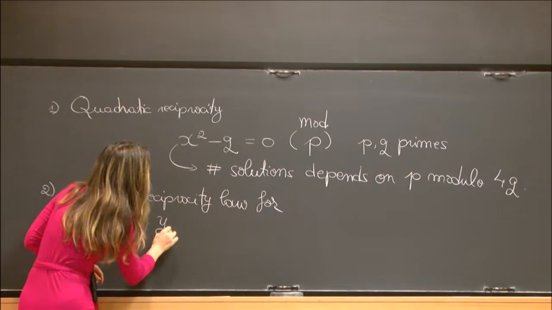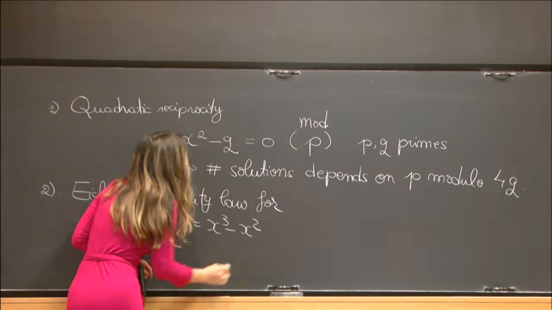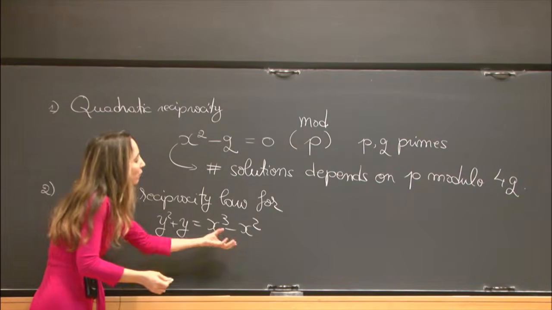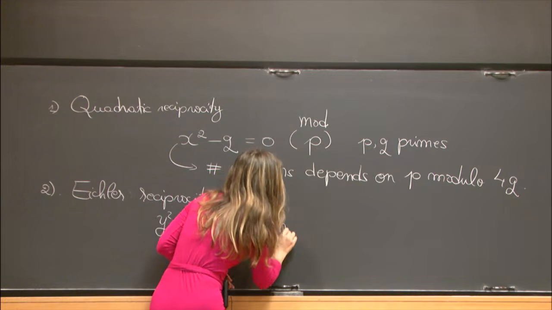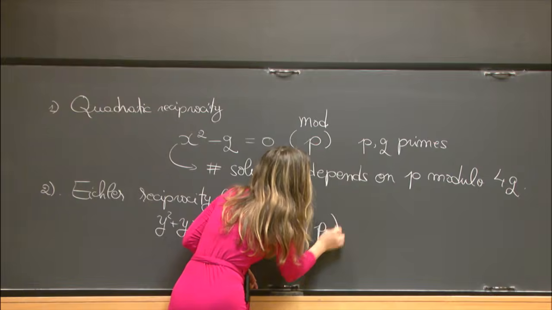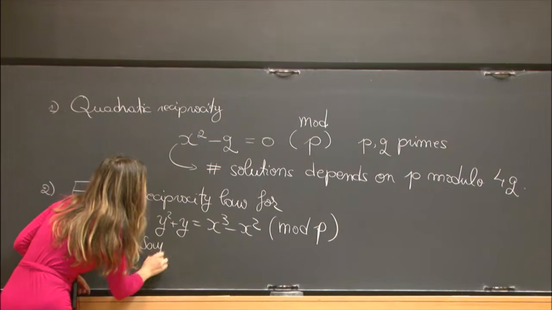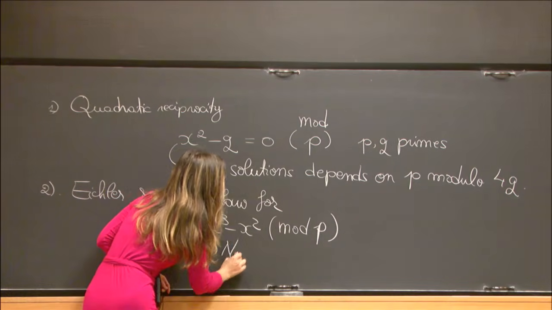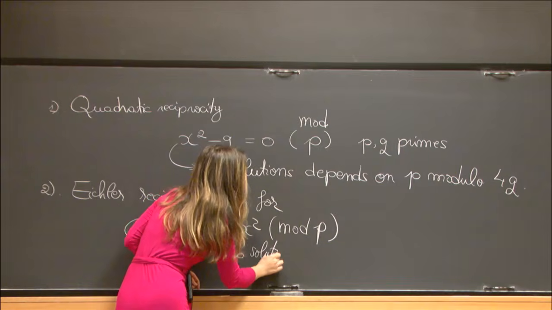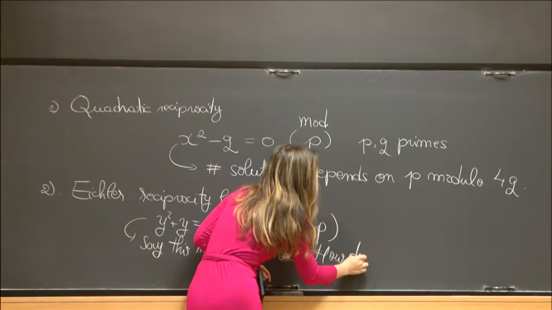So the cubic equation would be y squared plus y equals x cubed minus x squared. And what you're looking at is the number of solutions, but again, modulo p. And let's say that this has n_p solutions. So the question is, how does n_p vary?